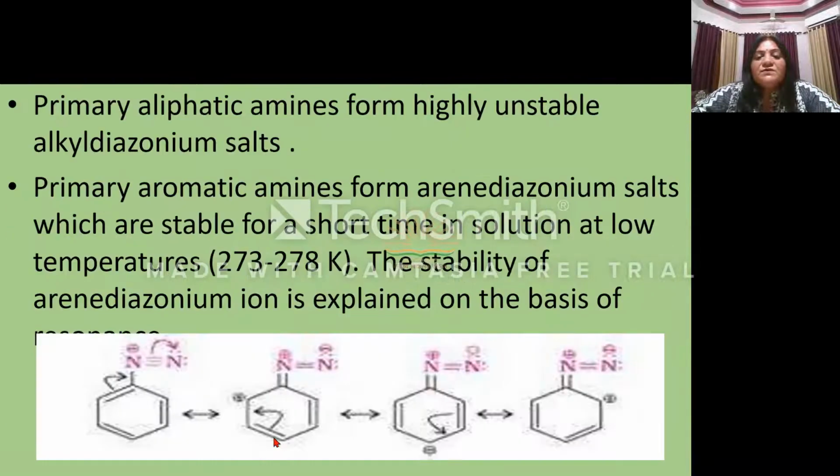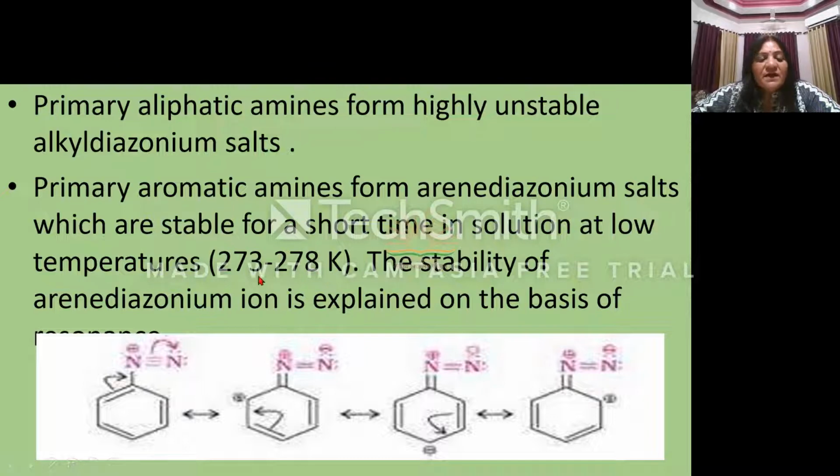Primary aliphatic amines form highly unstable alkyl diazonium salts. Primary aromatic amines form arene diazonium salts, which are stable for a short time in solution at low temperature, 273 to 278 Kelvin, 0 to 5 degrees Celsius.